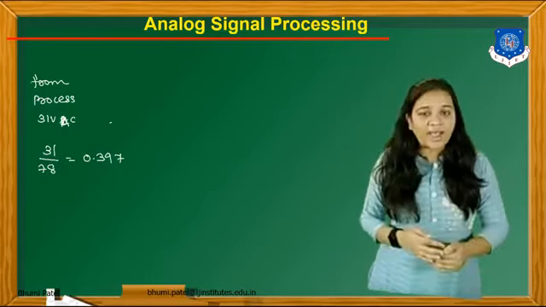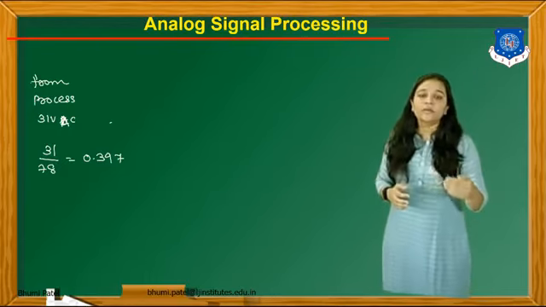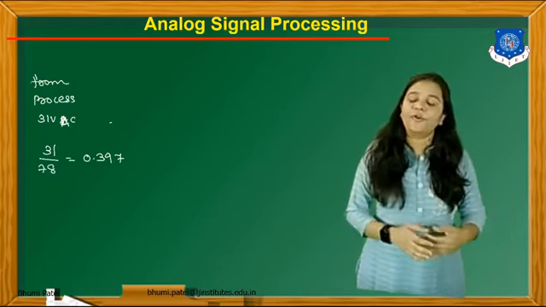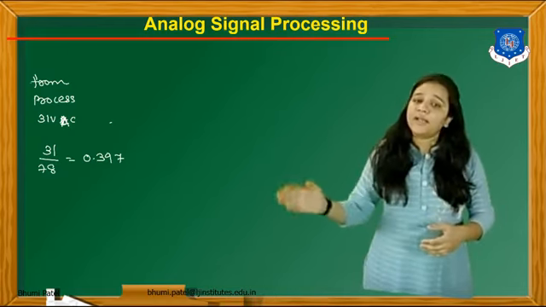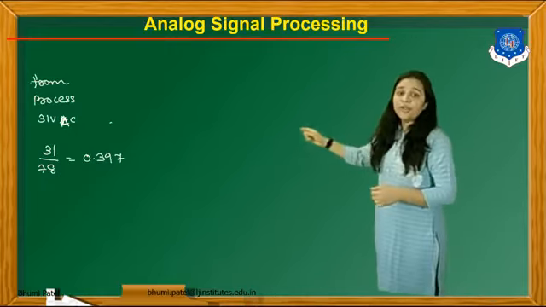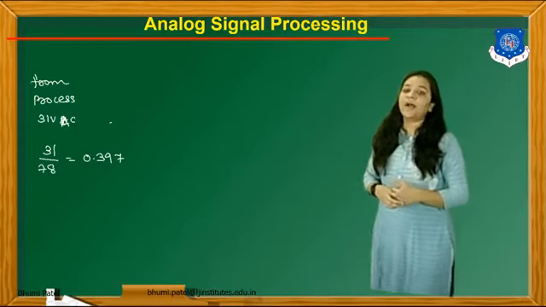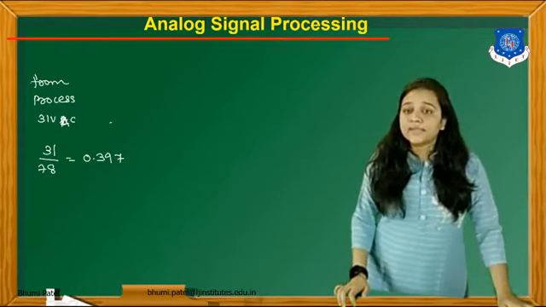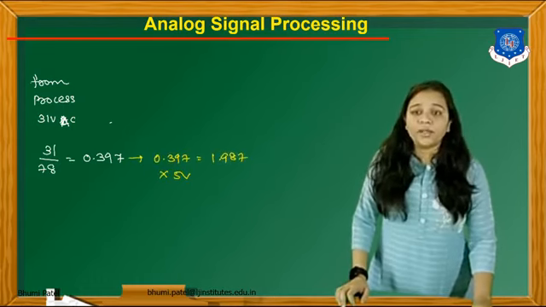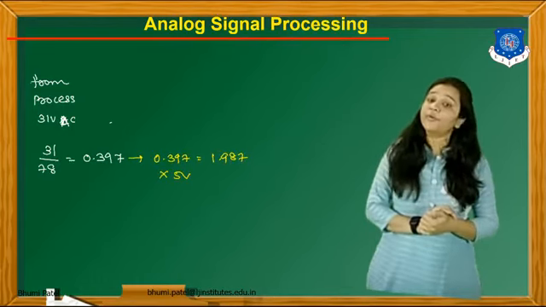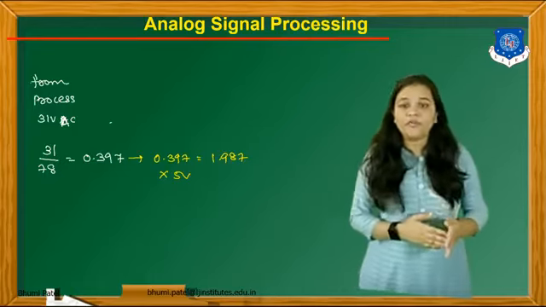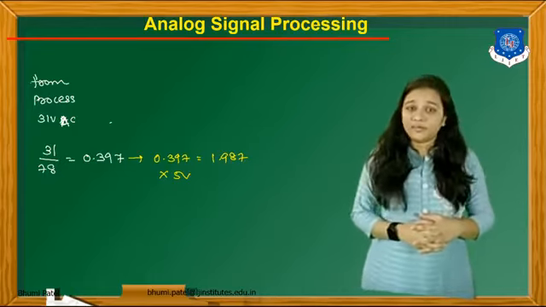We divide 31 by the maximum voltage applied to this system, which in our example is 78 volt AC. So 31 divided by 78, and the answer is 0.397. Clear?